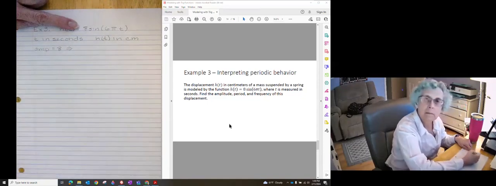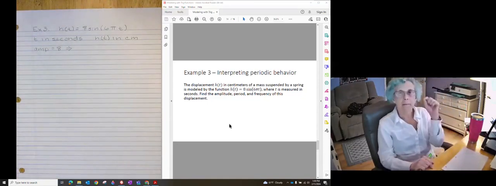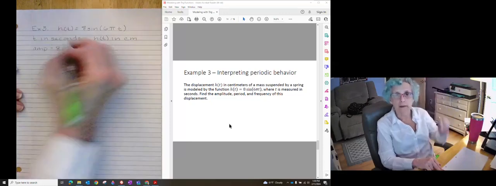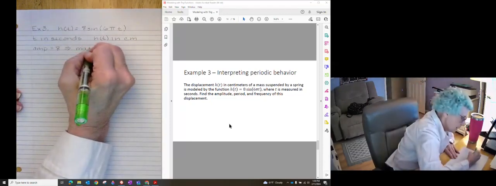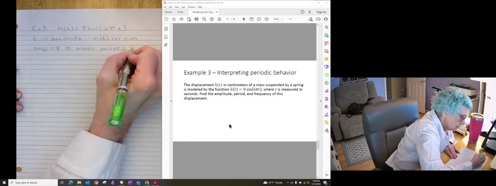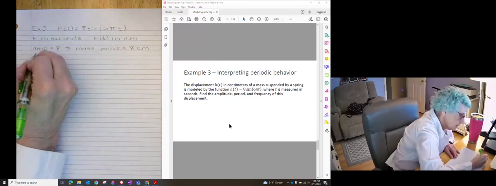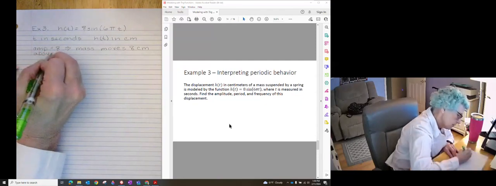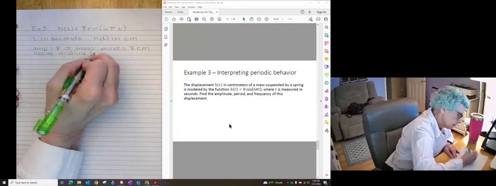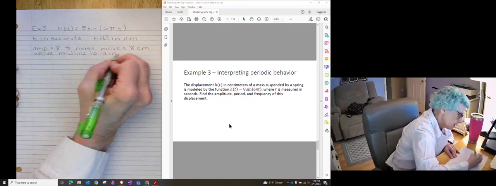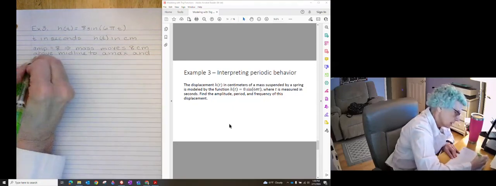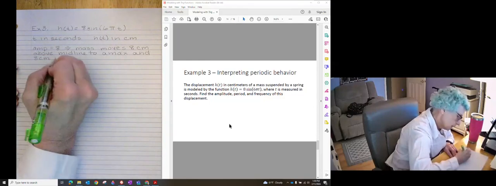Which means the mass is at a max when it's 8 units above the midline. So the mass moves 8 centimeters above the midline to a max, and 8 centimeters below to a min.